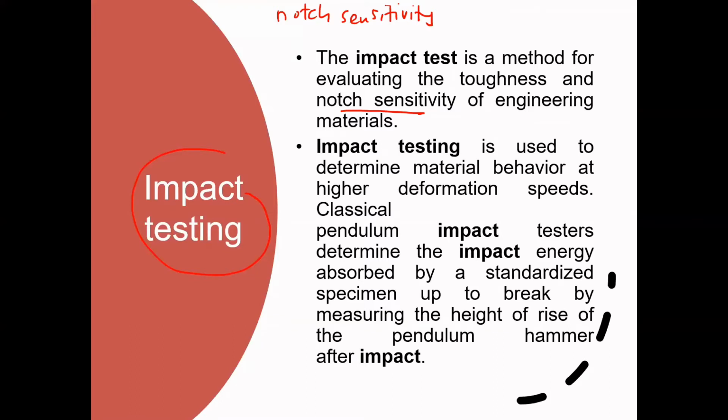And what is the purpose of impact testing? We use it to determine the material behavior at higher deformation speed. Classical pendulum impact testing determines the impact energy absorbed by a standardized specimen up to break or fracture by measuring the height of the rise of the pendulum hammer after impact.